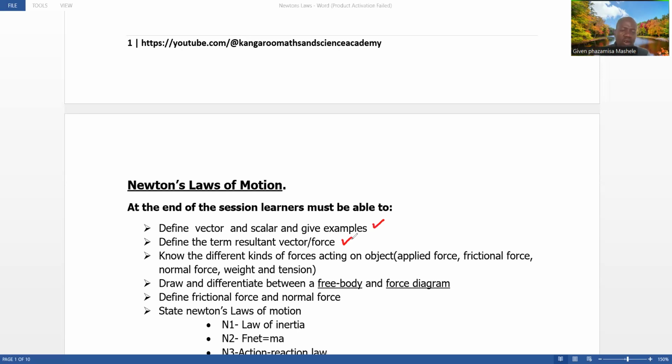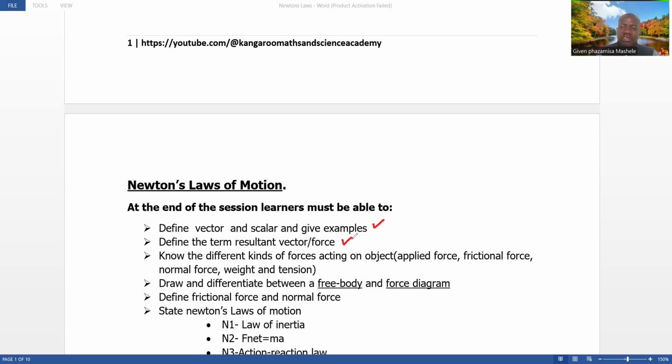However, in terms of resultant vectors or resultant force, I already created a video on how to actually determine the resultant force. But this one is particularly for grade 11. So I will encourage you to follow the link that I've shared below for the resultant forces, on how to resolve forces in order to determine the resultant vector.